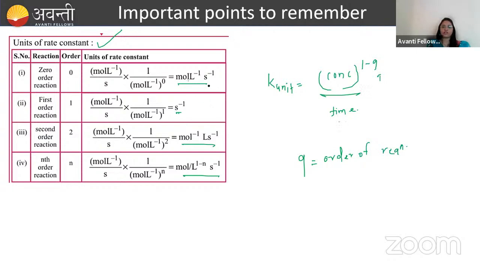So mole per liter is concentration divided by time in terms of second. You put 1 here, 1 minus 1, 0. Concentration, anything raised to 0 is what? 1. So your concentration term will go, the k unit will be 1 upon time, that is per second. Right? In the similar way, you can do for second order as well as nth order. Right?